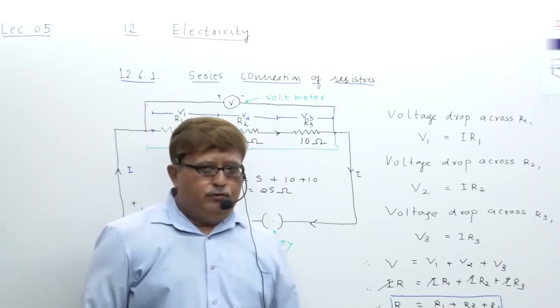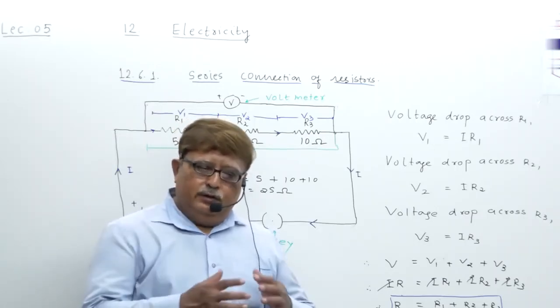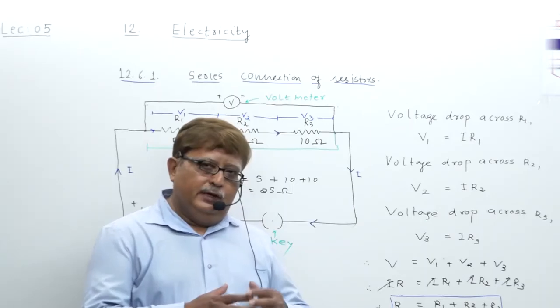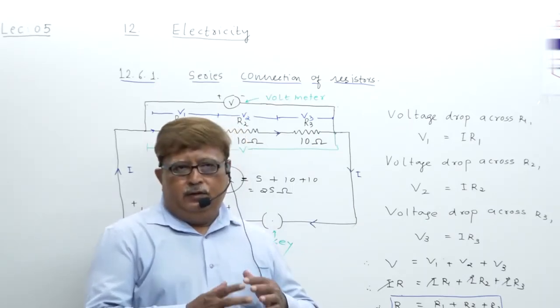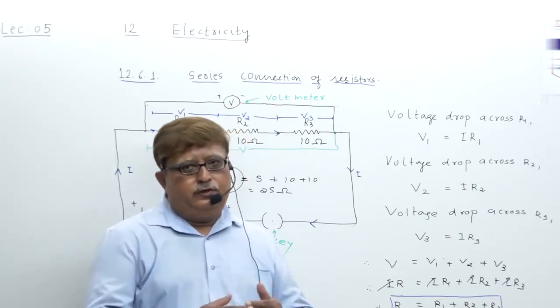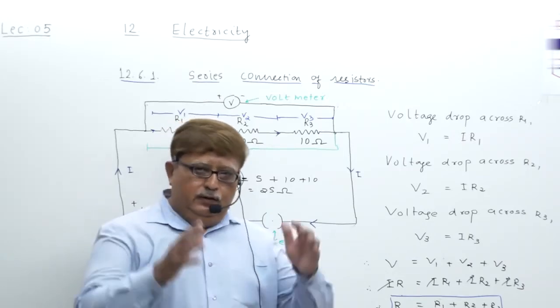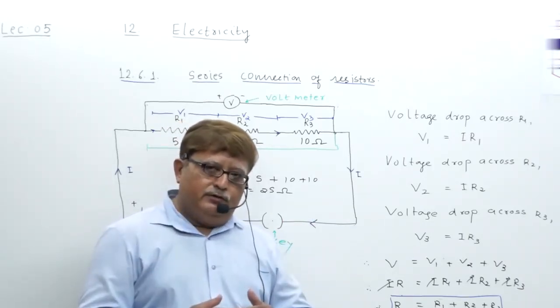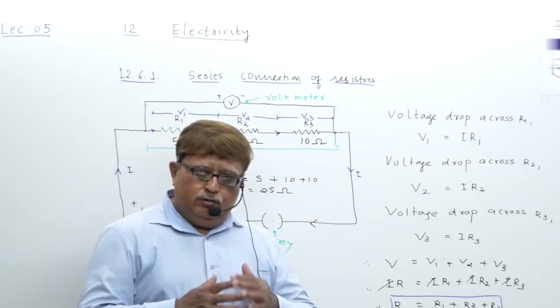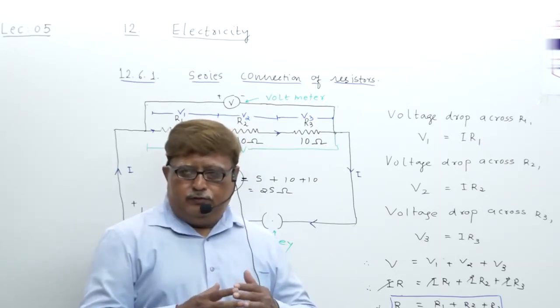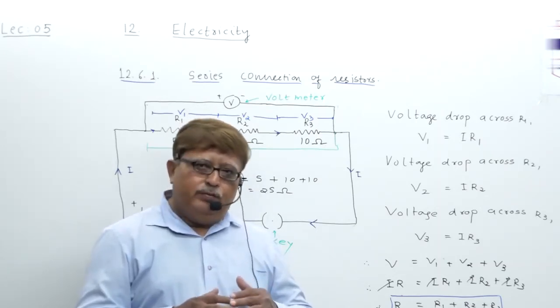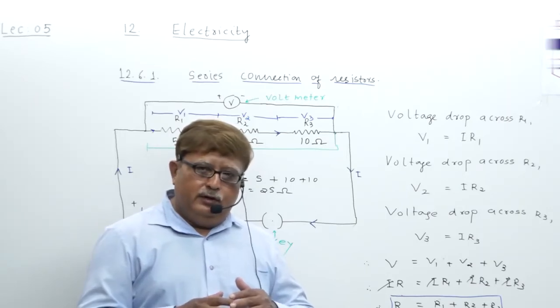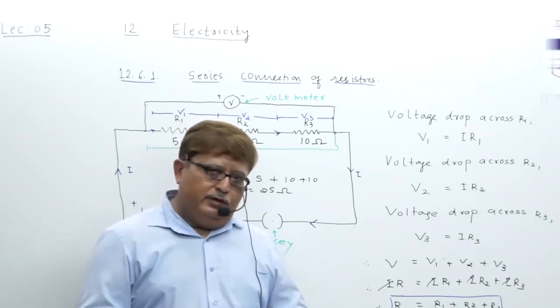Understand? So whenever resistors are connected in series connection, the equivalent resistance or total resistance of the circuit can be obtained by just adding them algebraically.